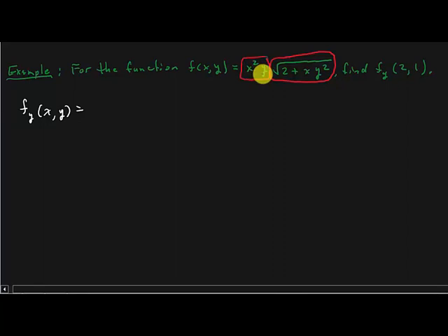So the derivative of x squared y is just x squared. And then that is times the second term. All right? So this right here is the derivative of the first term, and then times the second, plus the derivative of the second. So now we're taking the derivative of this right here.